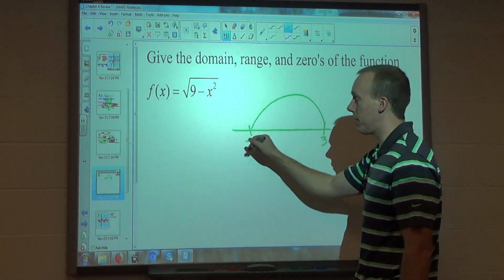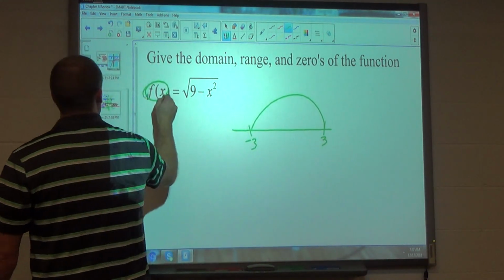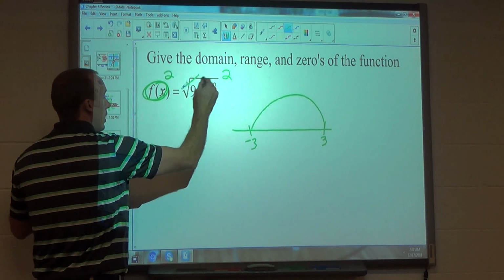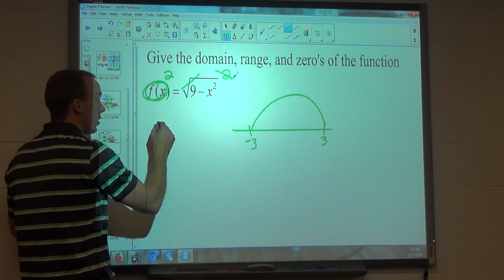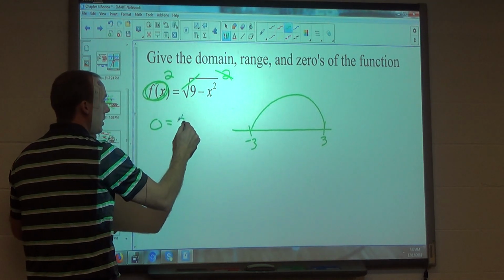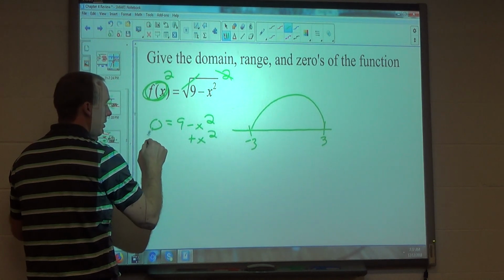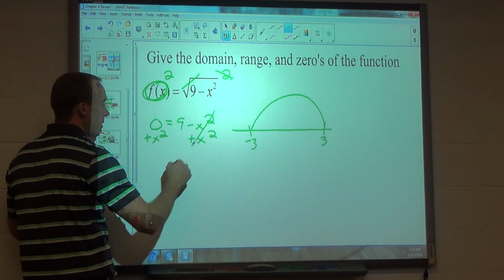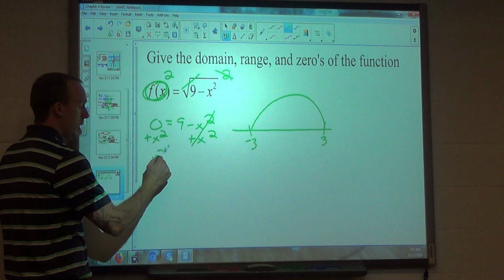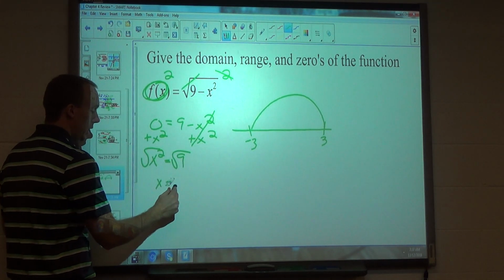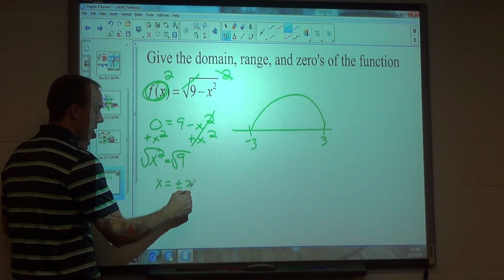These are called the zeros of the function. So if I were to set this equal to 0 and solve it, I would square both sides first, and then those cancel. So I get 0 squared is 0 equals 9 minus x squared. I'm then going to add my x squared to the other side. So I get x squared equaling 9, and then you square root both sides. So x can equal a plus or minus 3.